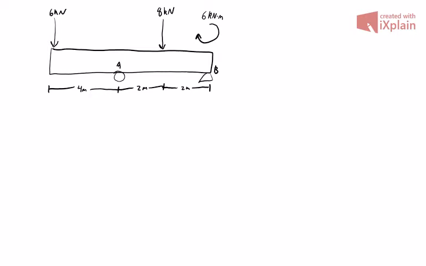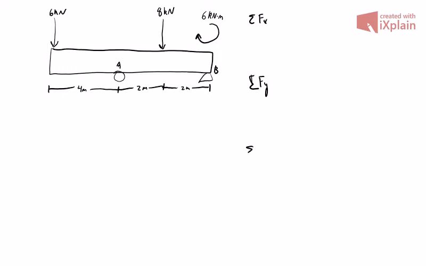So an applied moment is a concept we haven't covered in this class so far. Really, it's similar to an applied force, except it's a moment. So if you're doing some of the forces calculations, like some of the forces in the x direction or some of the forces in the y direction, it isn't part of those equations because it's a moment, not a force.